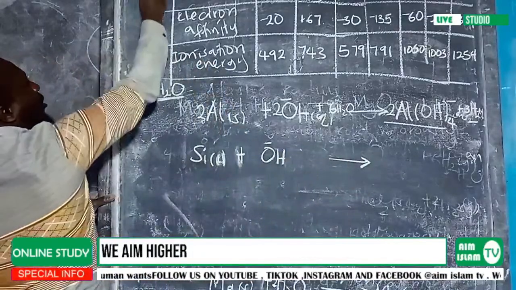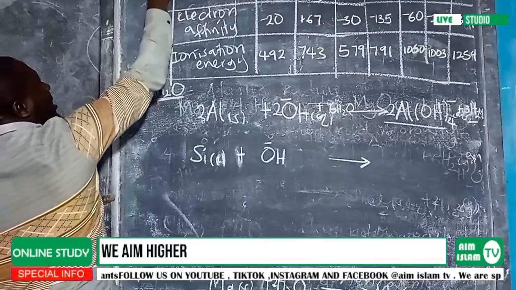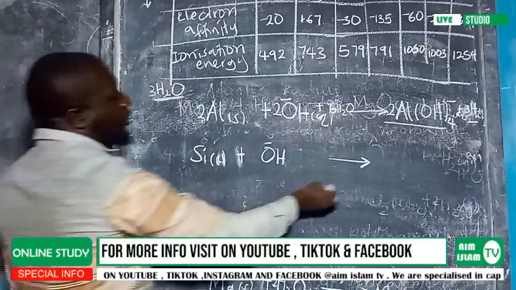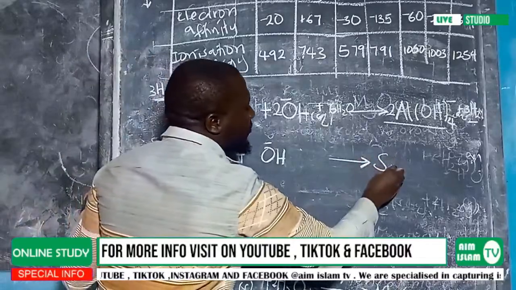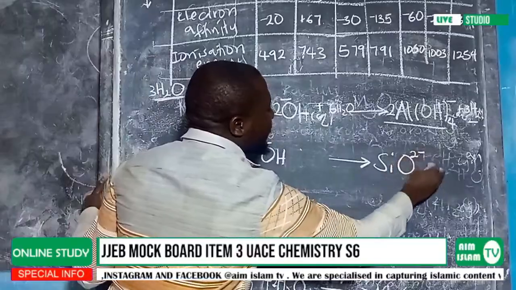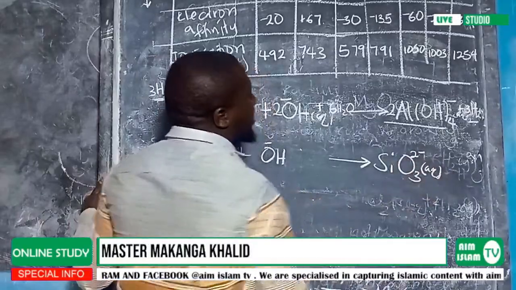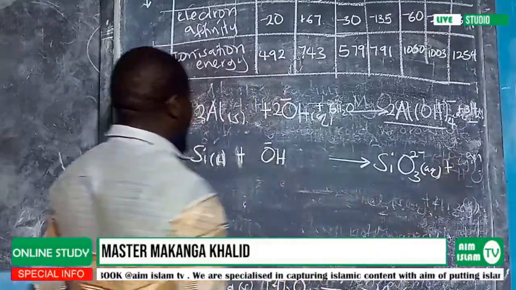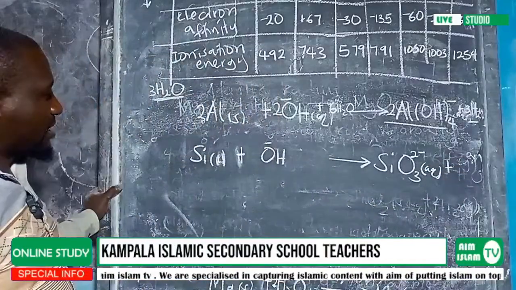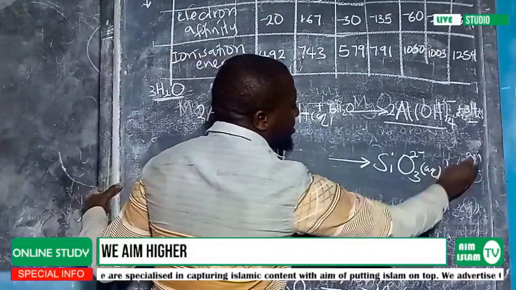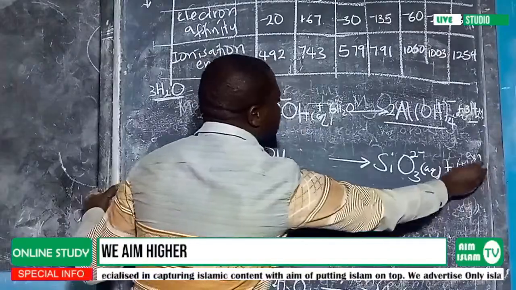It's in group 4, so we shall borrow from the carbonate, they are all in the same group. So instead of carbon, I'll replace it with silicon, forming silicate plus hydrogen plus water. You form a silicate plus water. That's the product that you form.